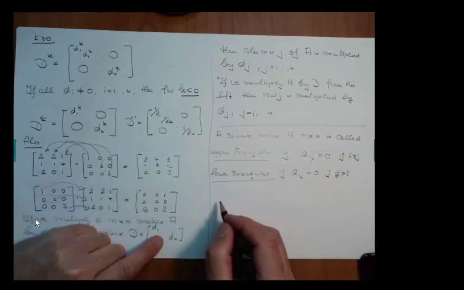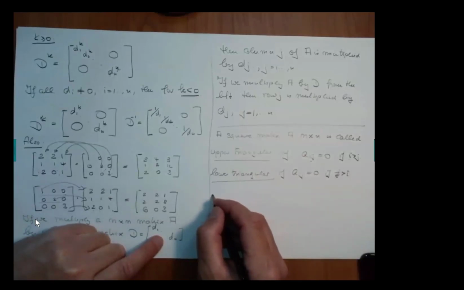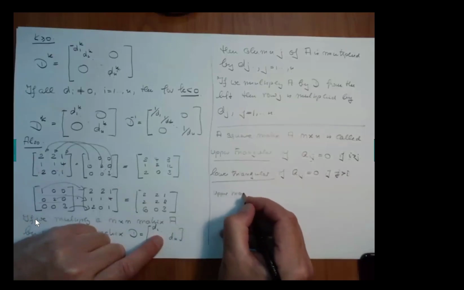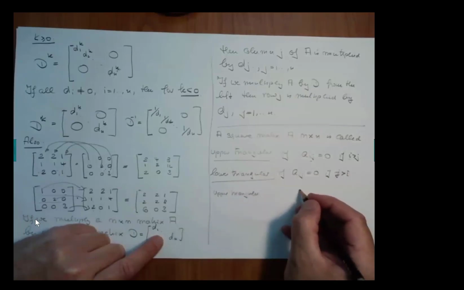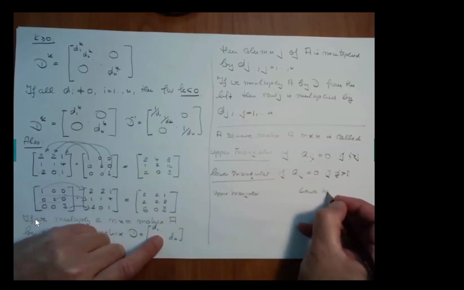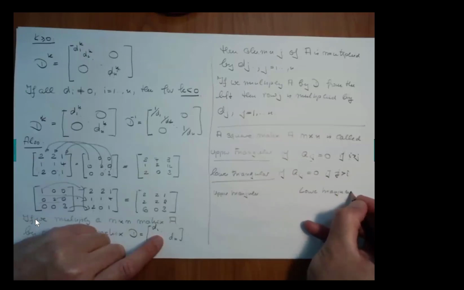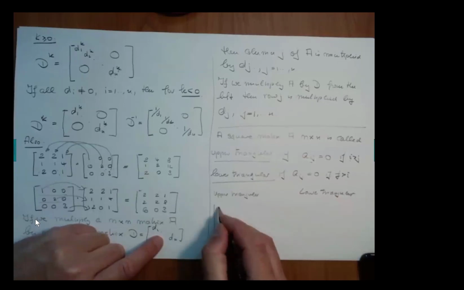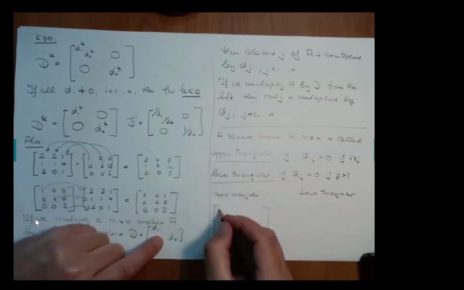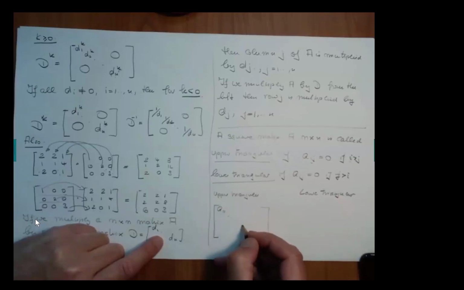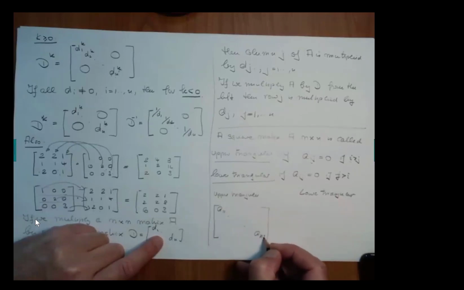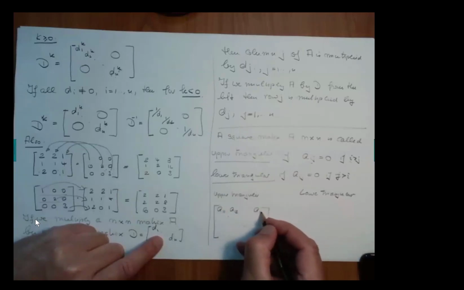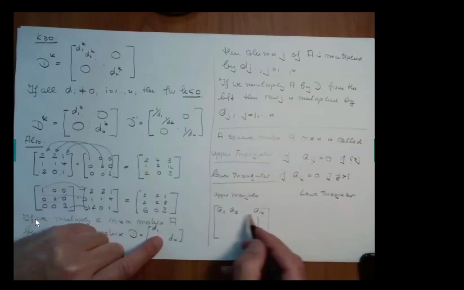So just as an example, here upper triangular, here lower triangular. An upper triangular matrix looks like this. You have numbers along the diagonal, then you have numbers here, and these can be any numbers.